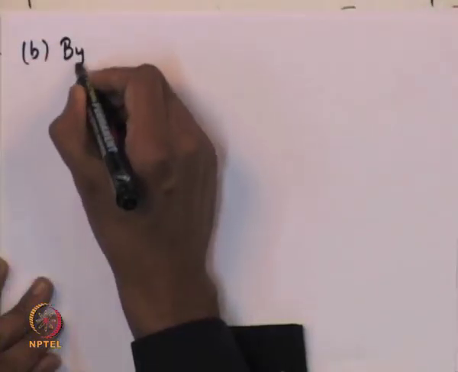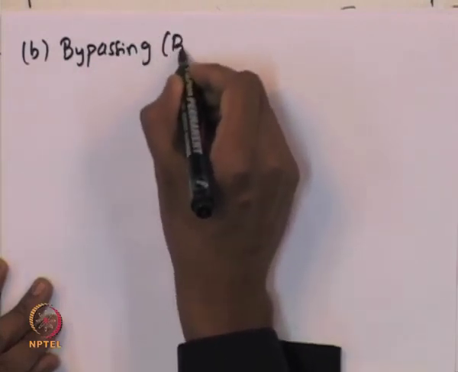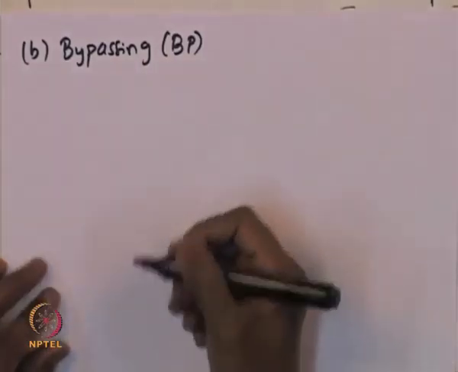So, now let us look at the second case, CSTR operation under bypassing conditions. Suppose we consider a CSTR where bypassing is known to be present, which we refer to as BP.